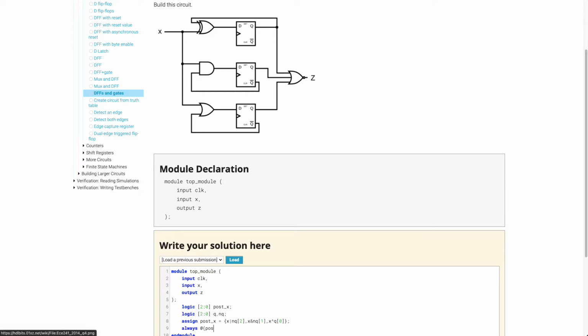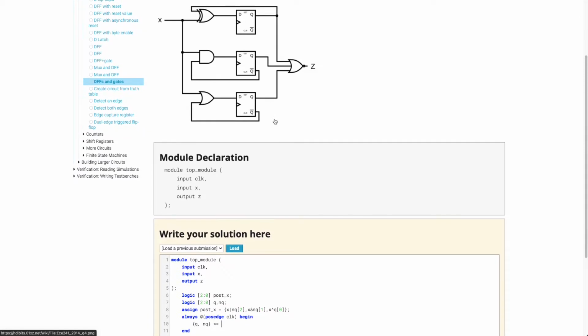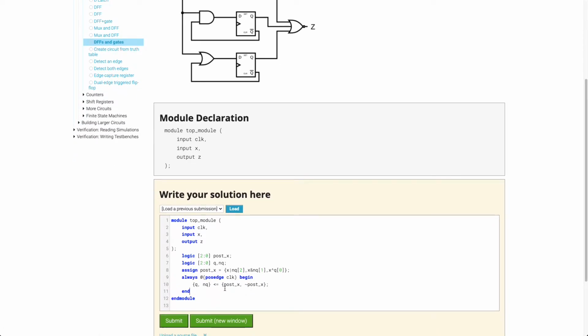So then my Q and not Q is just gonna be post X and not post X, basically.